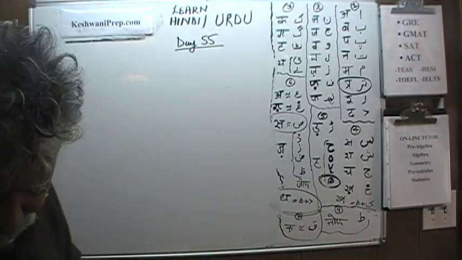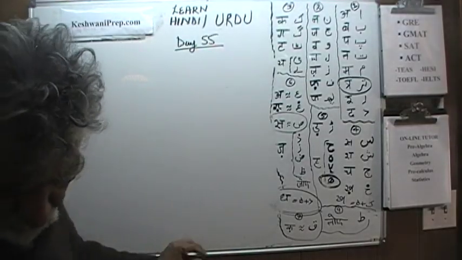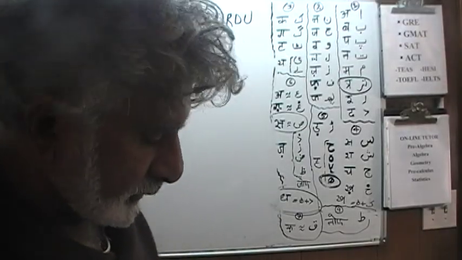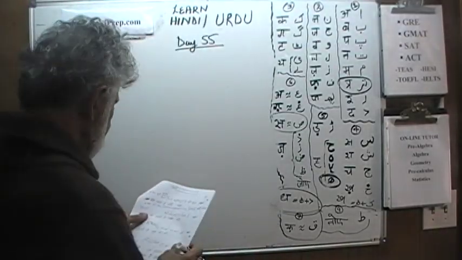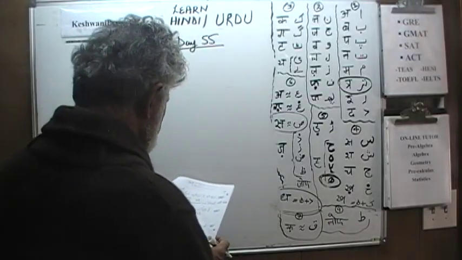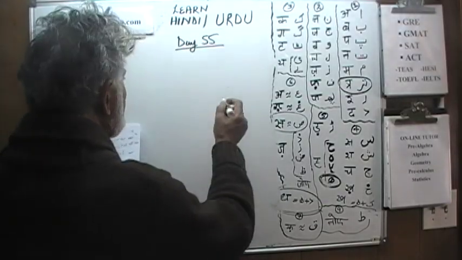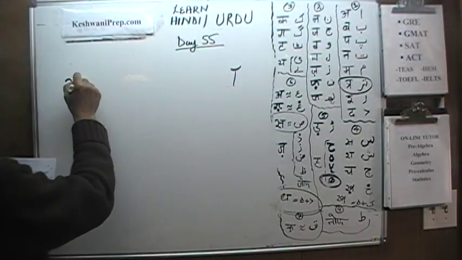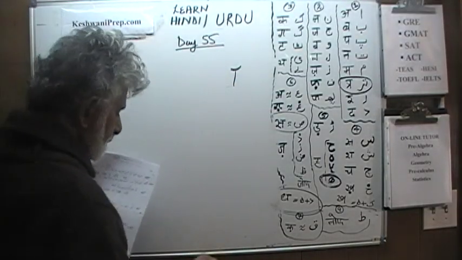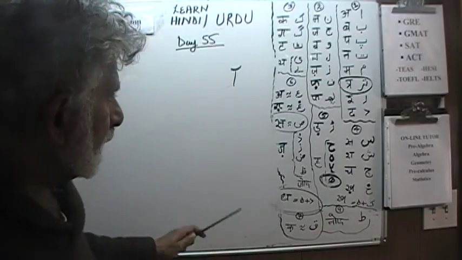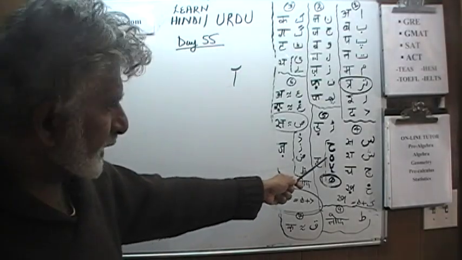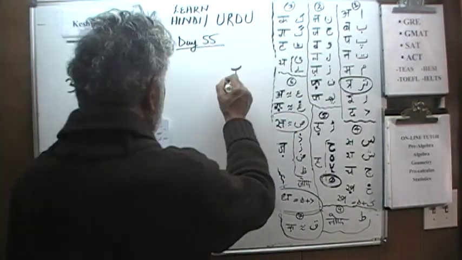The first thing we have here is a vocab word. I have it written: a, and then h. This right here, second one, choti he, and it will look like this.